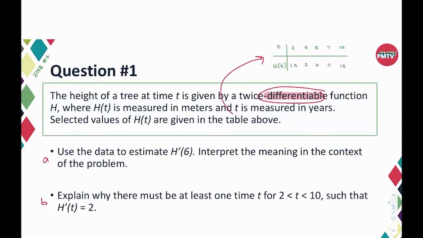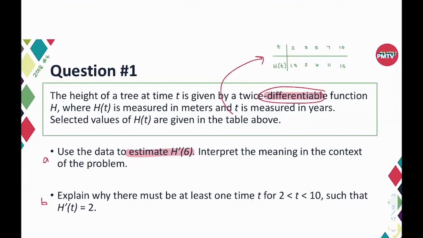So for the first part here, we want to estimate the derivative at 6 and then interpret the meaning in the context of the problem. This is nothing new from this particular session. So the derivative of h is the slope of the tangent line to h at t equals 6. We don't have a graph, we don't have an equation, we don't have any way to find the exact slope of the tangent line.